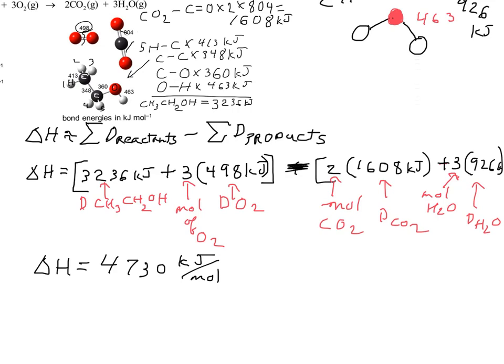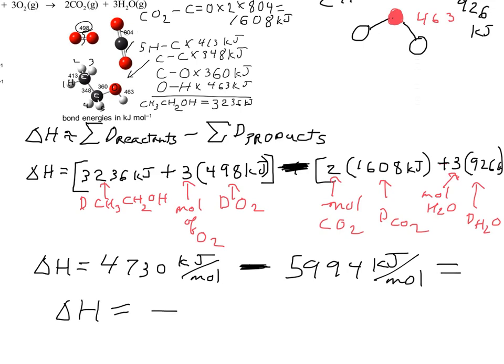It should be a minus sign. Minus the sum from our products, and that's 5,994 kilojoules per mole. For a negative 1,000.